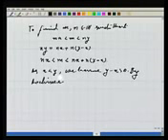That means my job is over. I have found a natural number m such that nx is less than m, which is less than ny. That in turn implies that x is less than m by n, less than y.